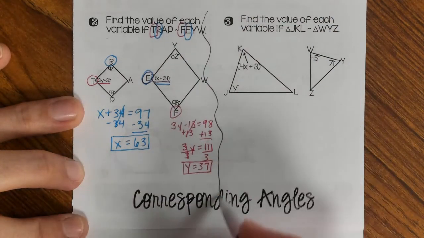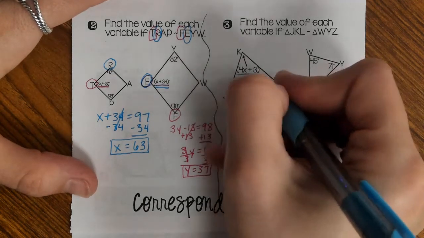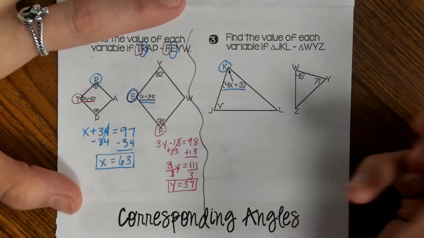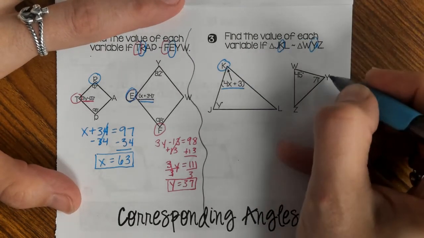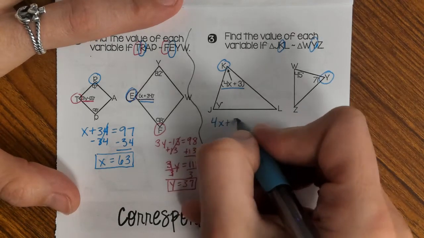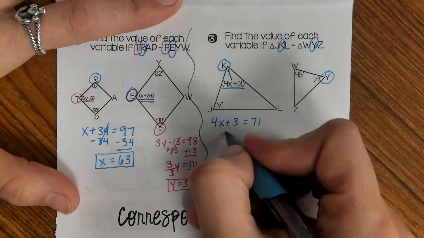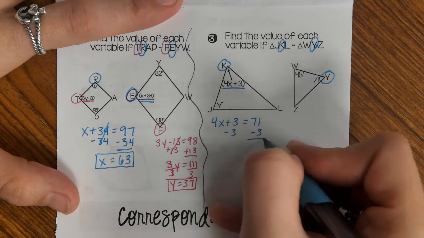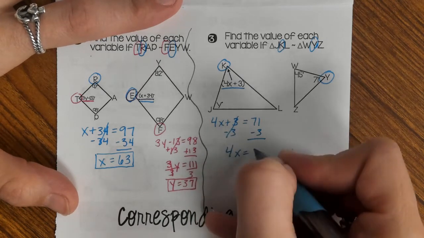Let's take a look at number 3. X is associated with angle K. K will correspond and be congruent to angle Y right here. So we will have 4x plus 3 is equal to 71. Subtract the 3 from both sides. 4x will equal 68.